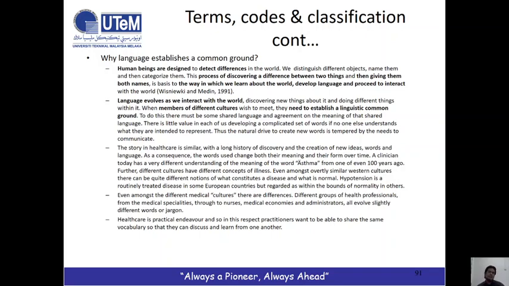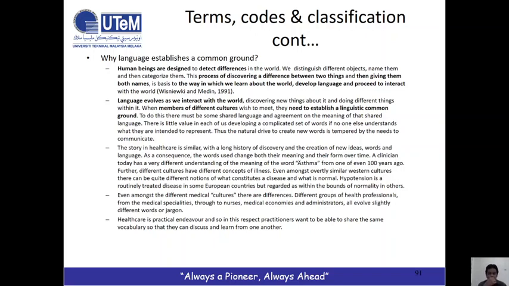We create the language, or your mom or your dad will create a language that is easy for you to pronounce. Okay, mamam, what else? Nene, and so on. Okay, this is an example.